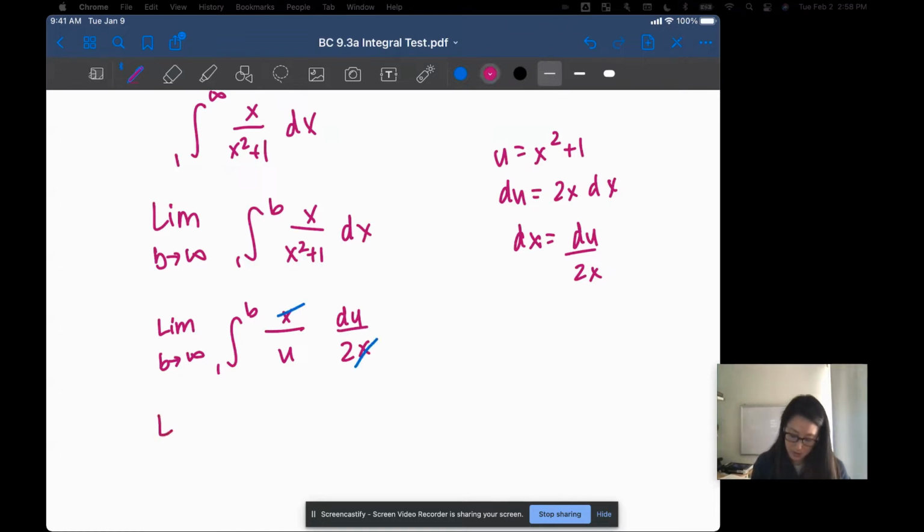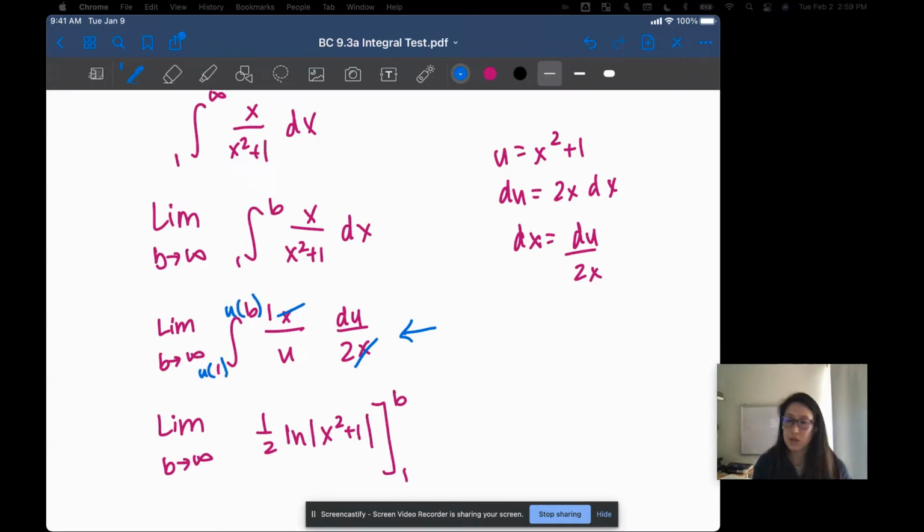So I end up with the limit as b approaches infinity of 1/2 times the ln of the absolute value of u. So I am going to just replace u with x squared plus 1, plugging in 1 to b. I made a mistake here. Because I changed my equation in terms of u, I would need to change my bounds to be u of b and u of 1.